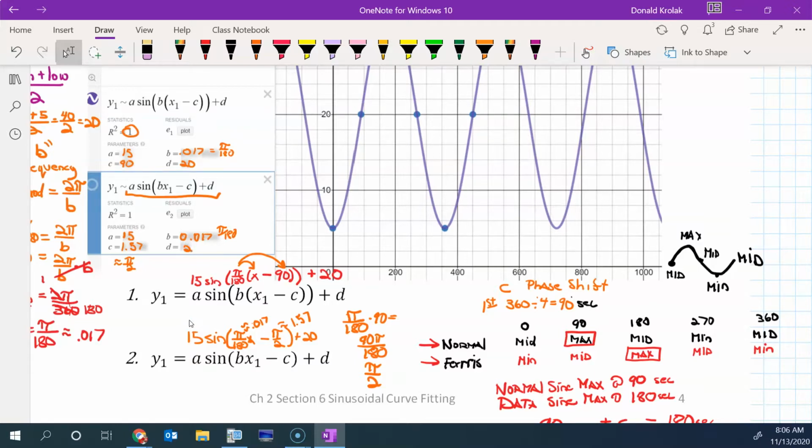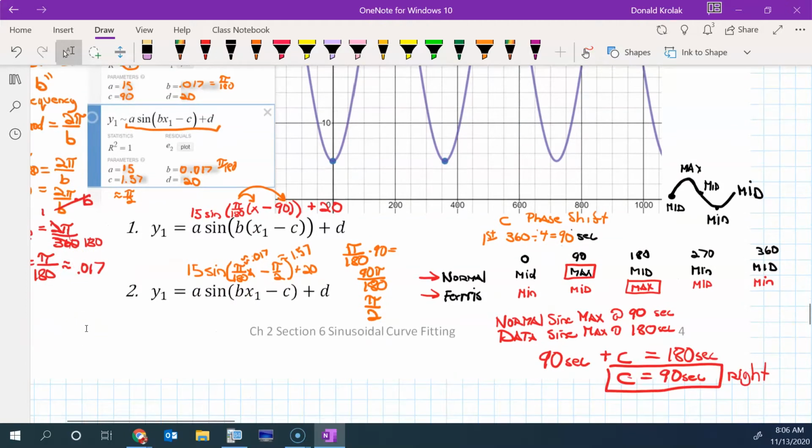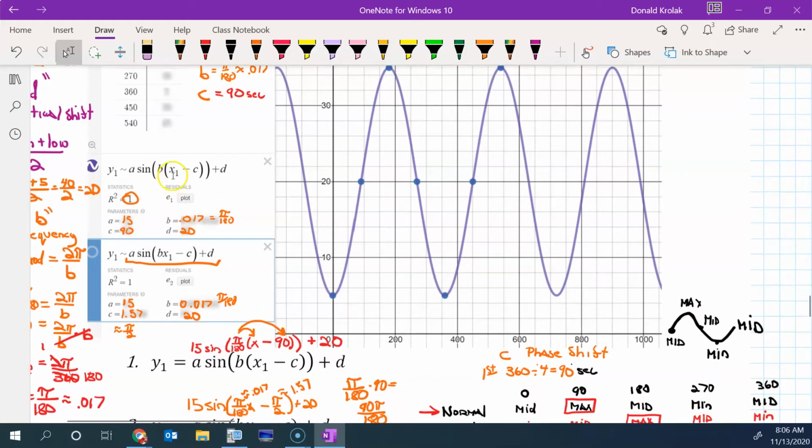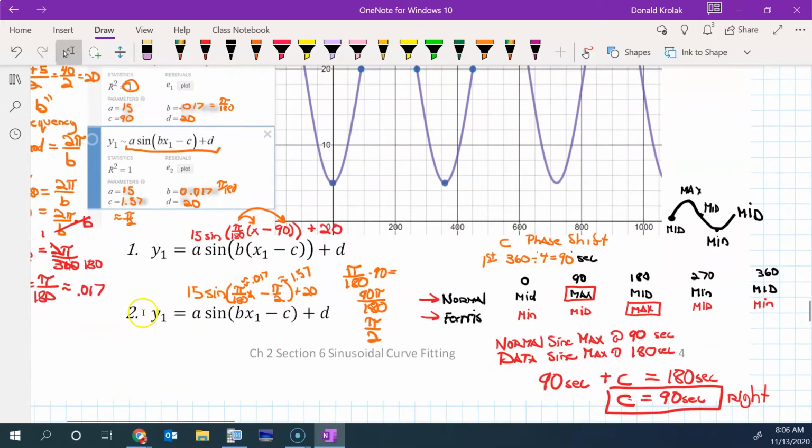And D was 20. Which is what we predicted. So either one of these equations predicts your height at any time on that Ferris wheel. Plug in your time, this will give you your height.